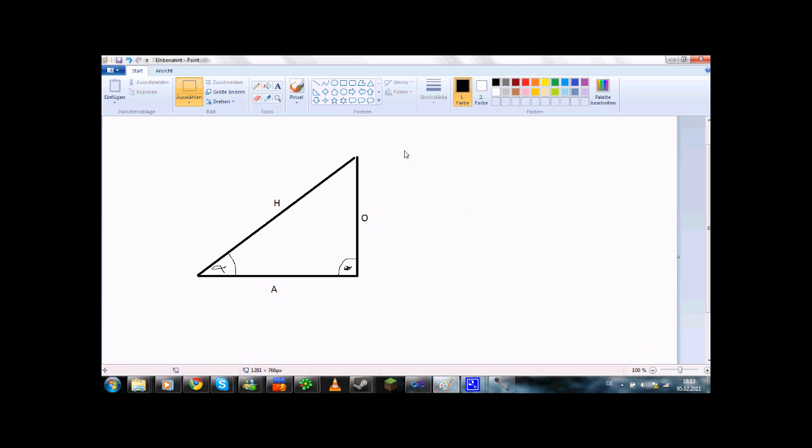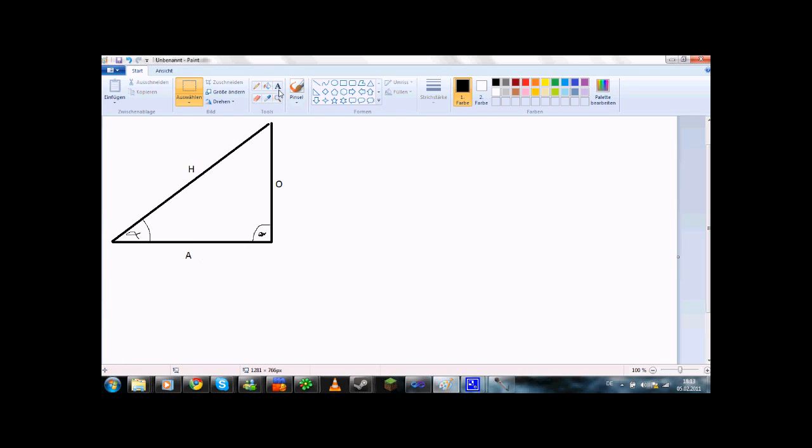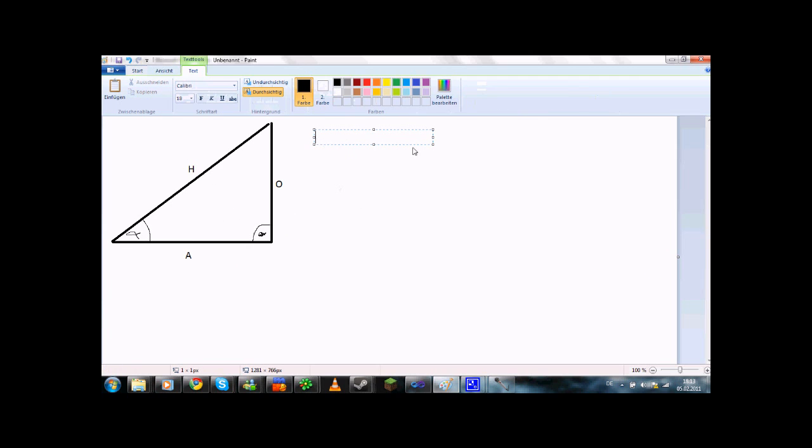Let's define sine, cosine, and tangents. I don't know how it's pronounced. So the sine of alpha would be O, the opposing side, divided by h, the hypotenuse, which is the longest side of the triangle. The cosine of alpha would be defined as A divided by h.